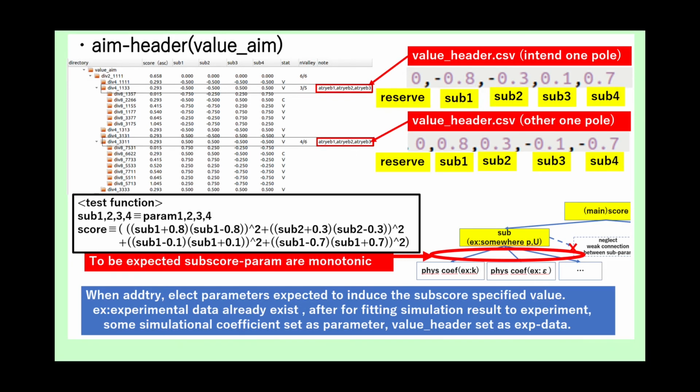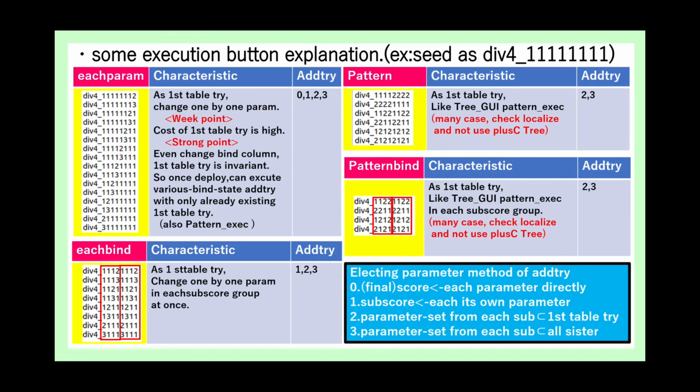That subscore attracts the specified value. Mainly used execution buttons are these. Especially use each bind. Maybe we will upload the effective maneuver of some buttons in the future.